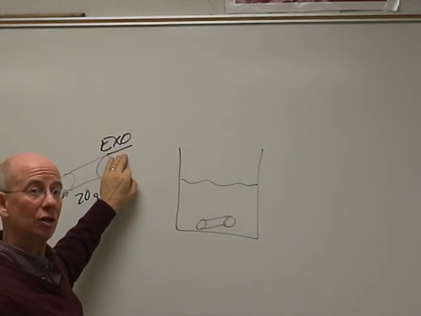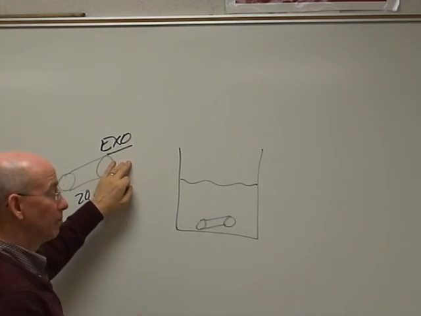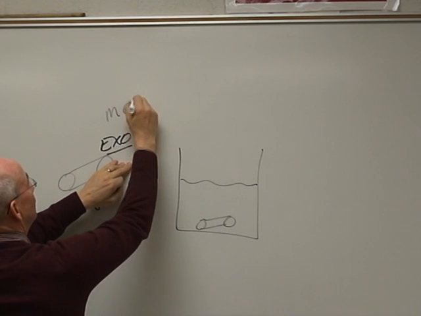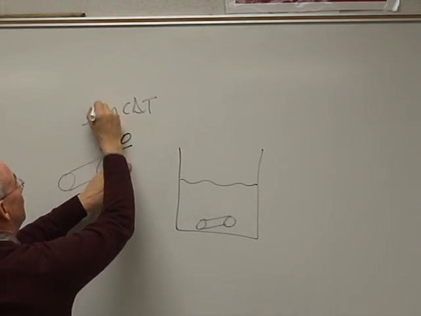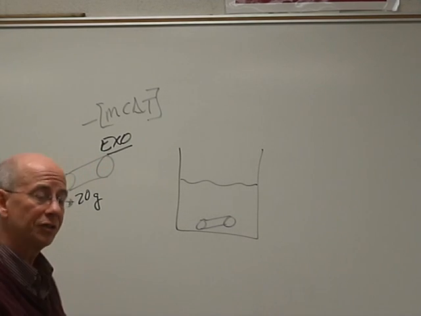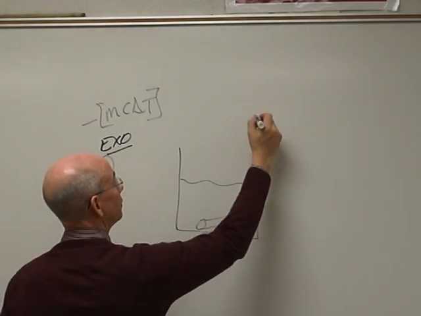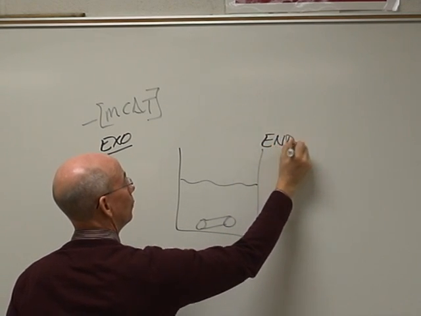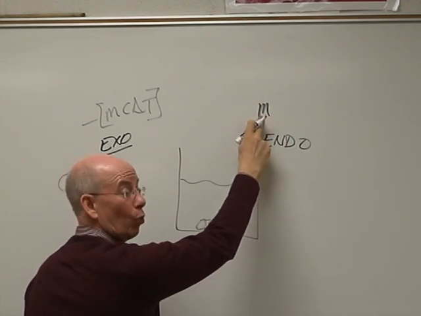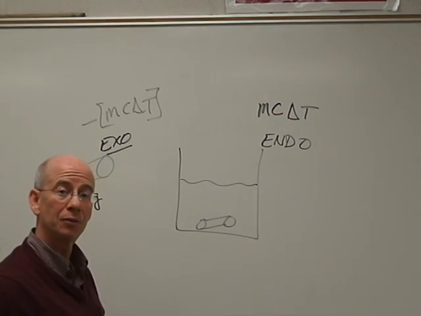Okay? We know the metal's going to lose heat. That's exothermic. If I wanted to calculate the heat of the metal, that would be mcΔT. And it would also be negative because it's exothermic. Now to do the same thing for the water. The water gains heat, so water is endothermic, which is again the same equation: the mass of the water times the specific heat of water times the change in temperature of the water.